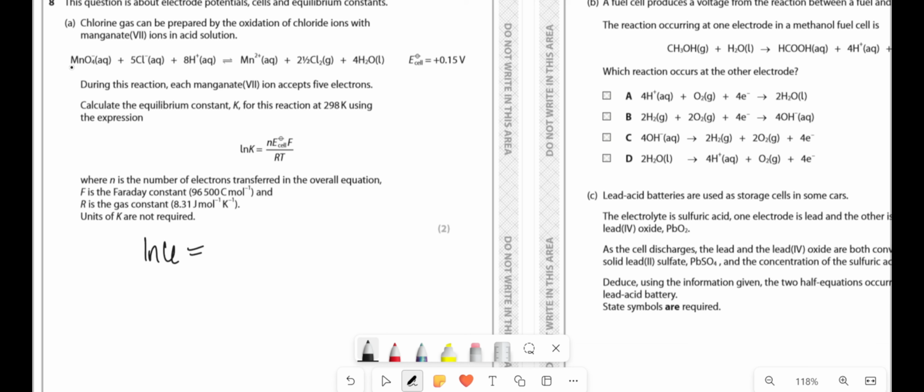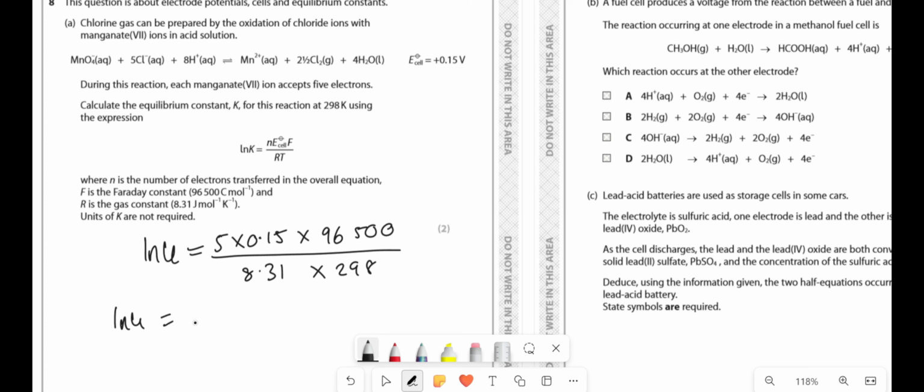So that means it's going to be the number of electrons 5 times the E cell, which is 0.15, times F, the Faraday constant, 96,500 per mole, over 8.31 times the temperature, 298 K. If we do that, we get an lnK of 29.226.